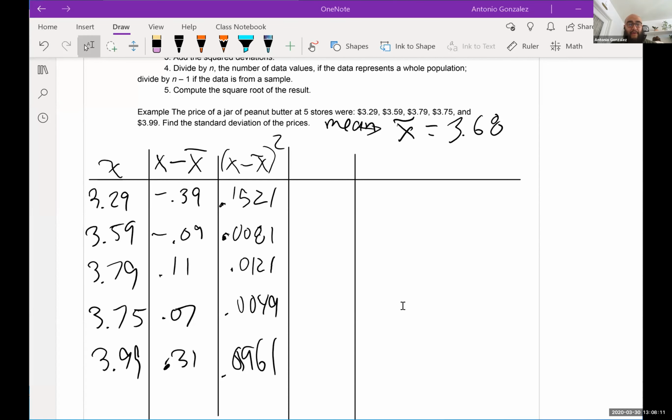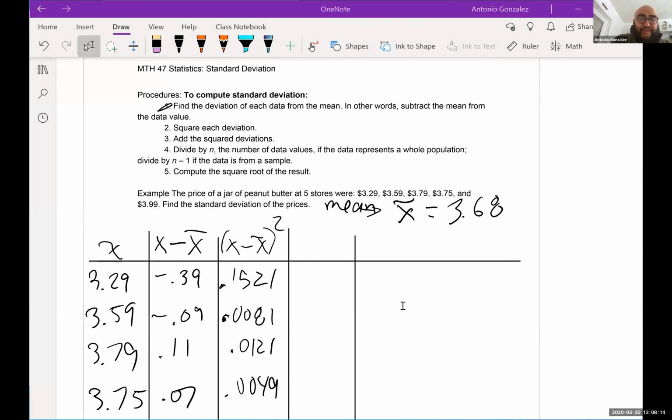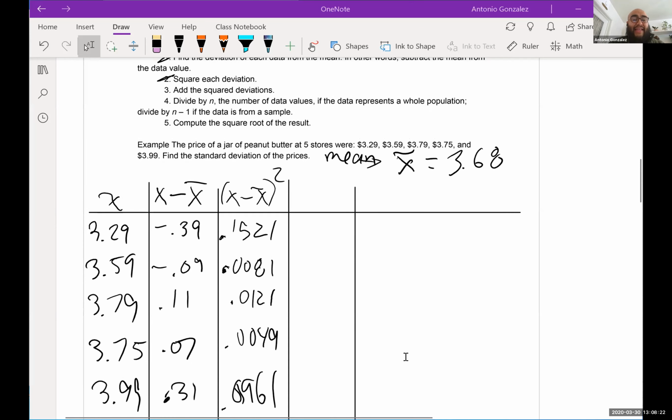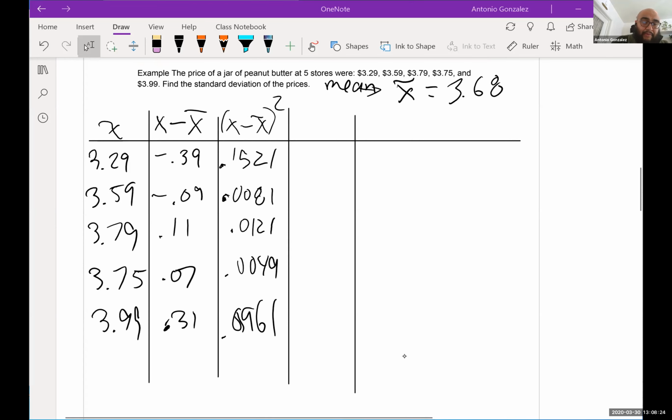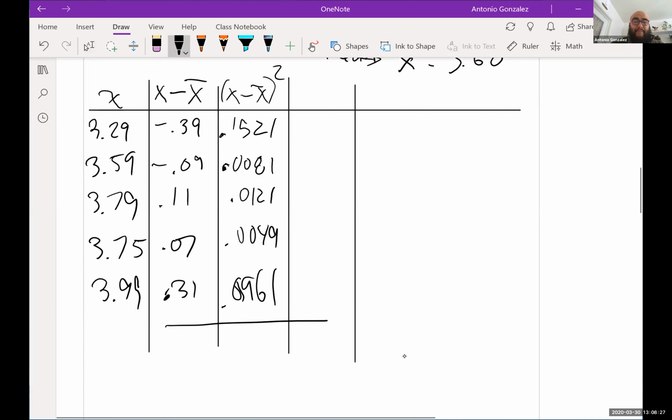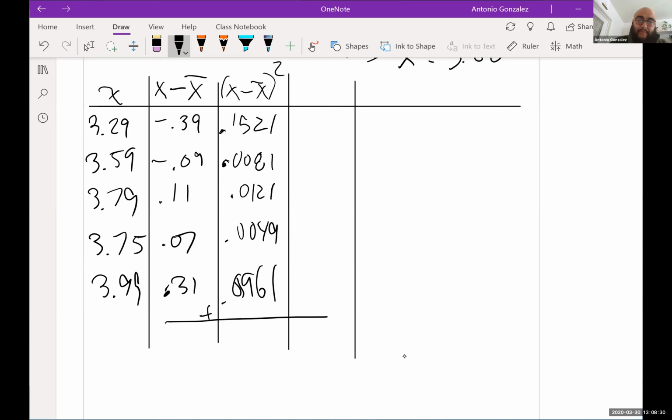All right, so far I completed step 2, square each deviation. So I've done that, okay? And now let's add the squared deviations. So I'm going to add them right here. If I add all of those together, we get 0.1521 plus 0.0081 plus 0.0121 plus 0.0049 plus 0.0961.